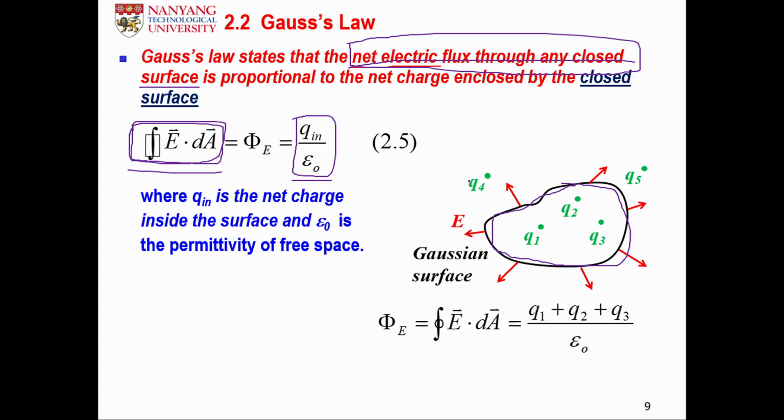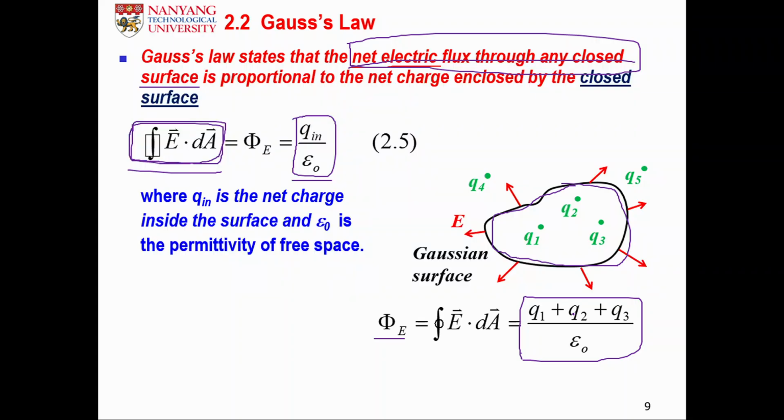Then, based on Gauss's law, we can immediately tell the total electrical flux through this closed surface, phi E, equals Q in over epsilon naught. And in this case, you have Q1, Q2, Q3 inside the closed surface. That is why Q in is Q1 plus Q2 plus Q3.